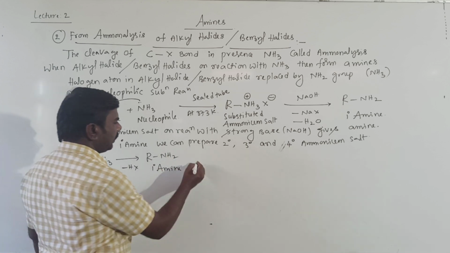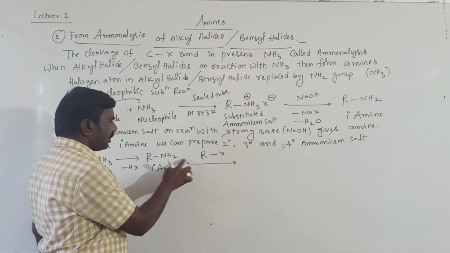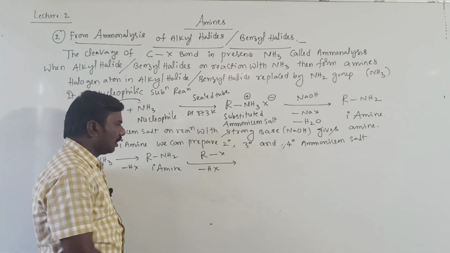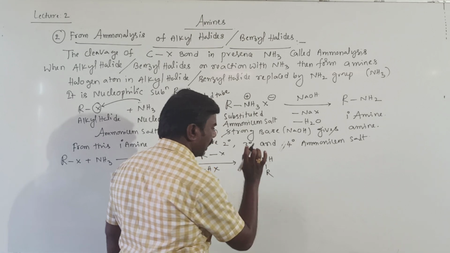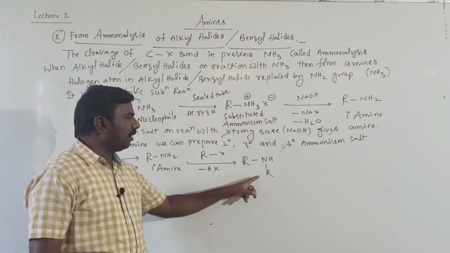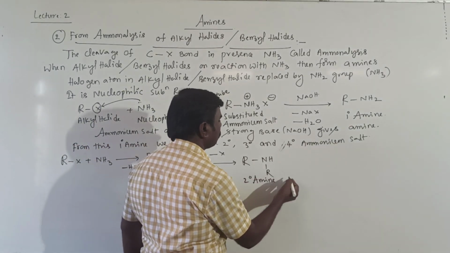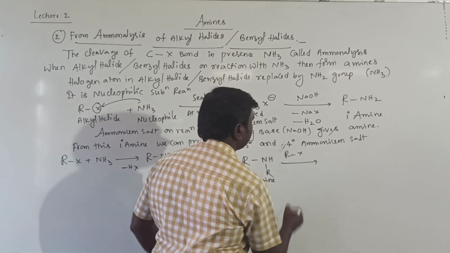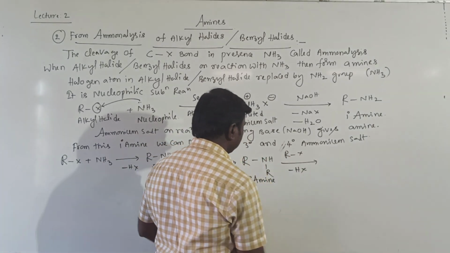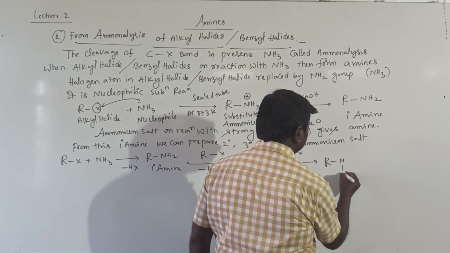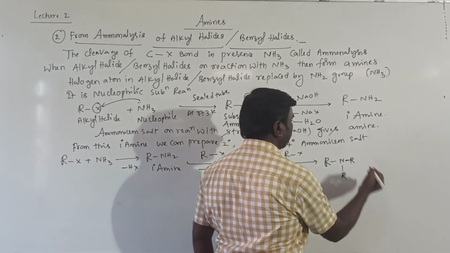Again treated with RX, alkyl halide, H and X removed as HX. R will be added in place of the second hydrogen, NH2 becoming NH. It is a secondary amine. Next, treated with RX again, H and X removed as HX again, R added, RNH becoming RN.